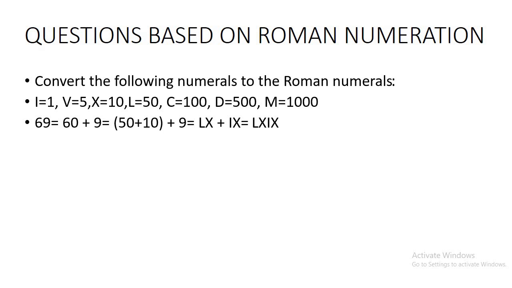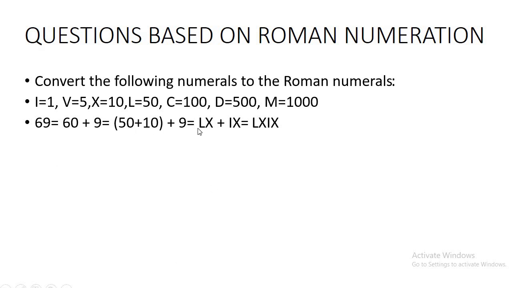So 69. It is advisable that in order to make Roman numerals, you just have to split or expand the number. So 69 can be broken as 60 plus 9, and 60 is further broken as 50 plus 10. 50 is represented by L, 10 is represented by X, and 9 is represented by IX.